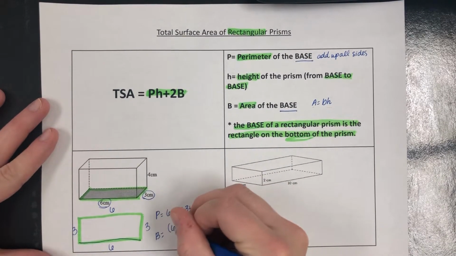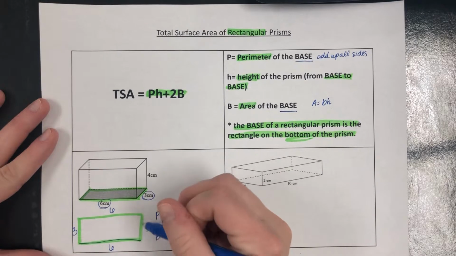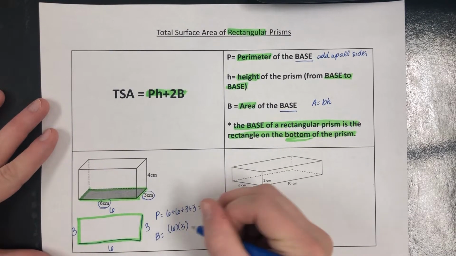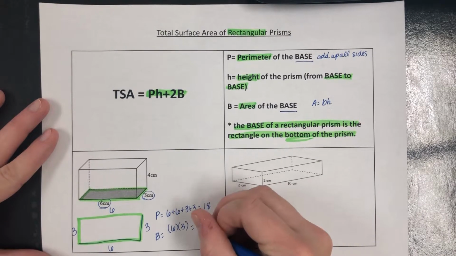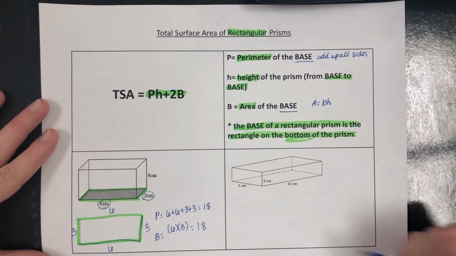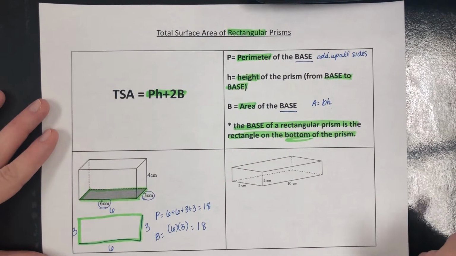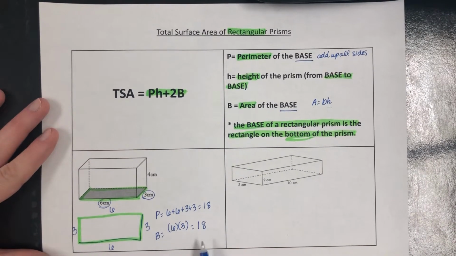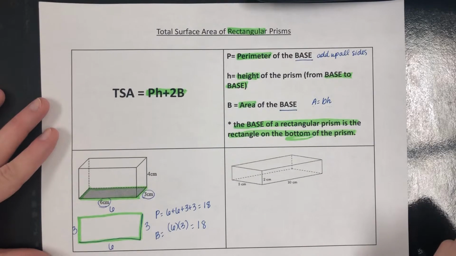So 6 times 3 is also 18. It just so happens that the perimeter of the base and the area of the base equal the same thing in this one.